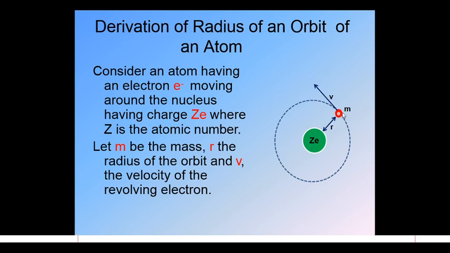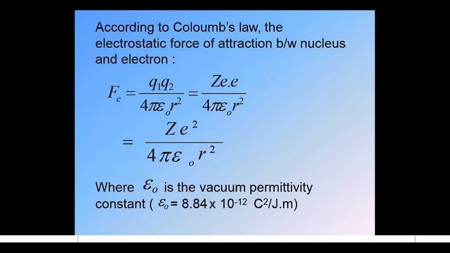Here we take m as the mass of the electron, v as its velocity, and r as the radius of the orbit. This electron is revolving around the nucleus of charge Z into e. So what is the force of attraction between the nucleus and the electron?